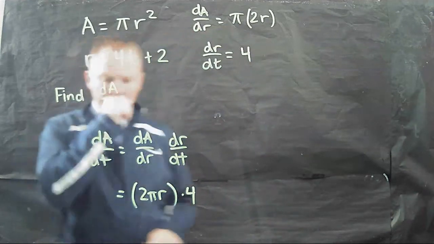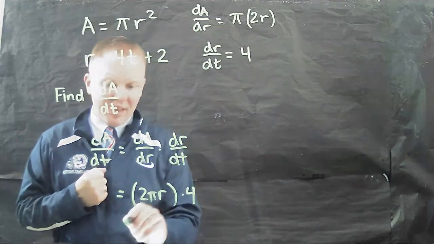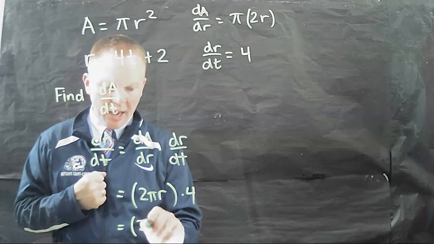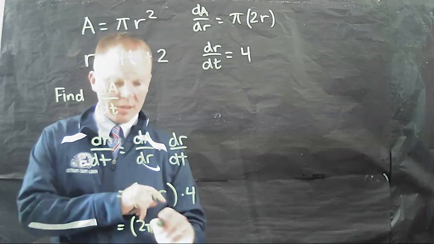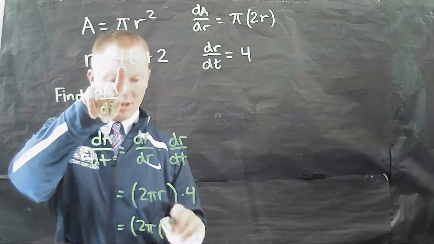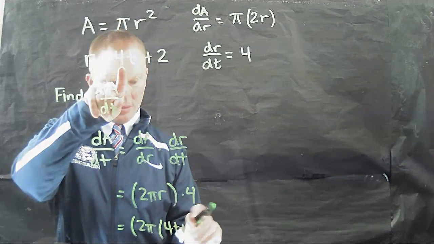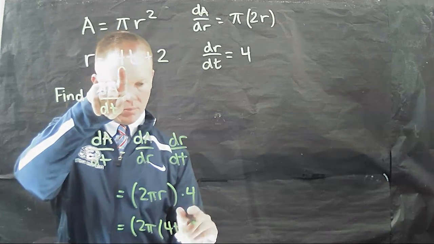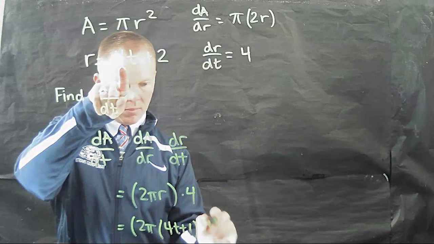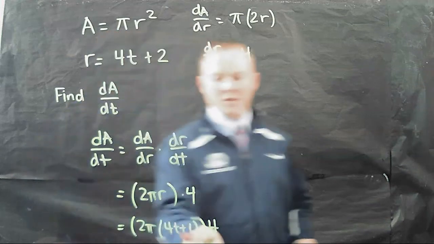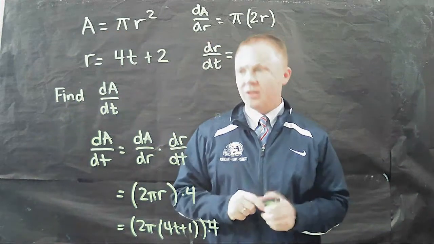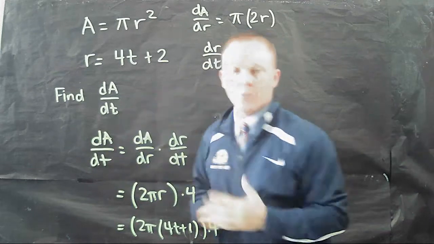Now, I could leave it like this, or I could go back and resubstitute what r was. It was 4t plus 2. Or I could have just left it like this. So this is another way that we'll use the chain rule.